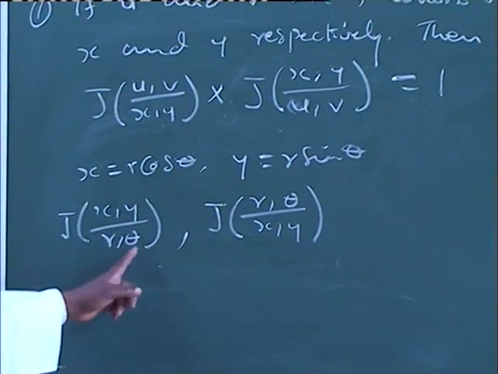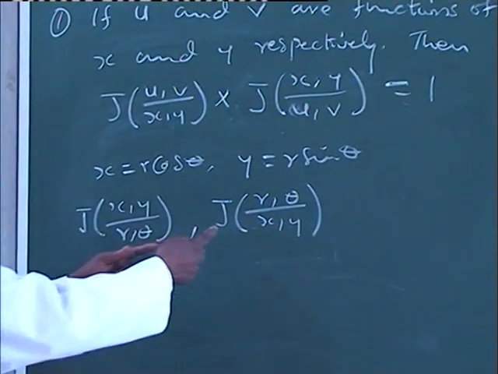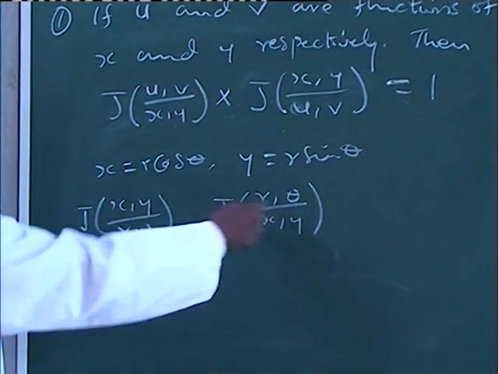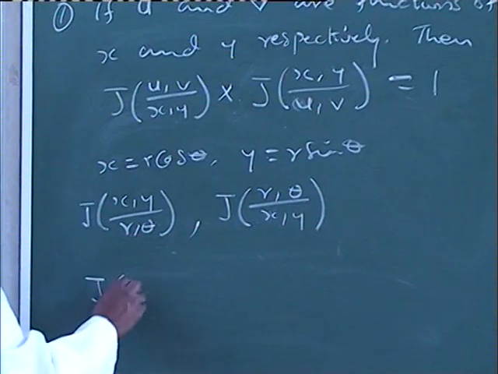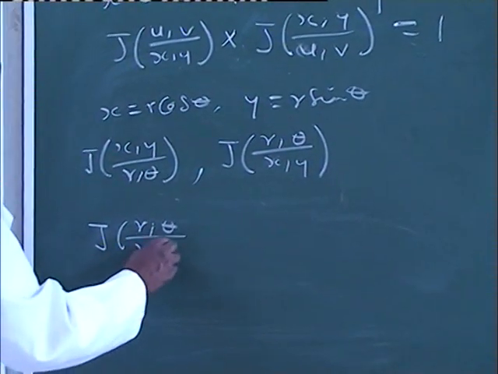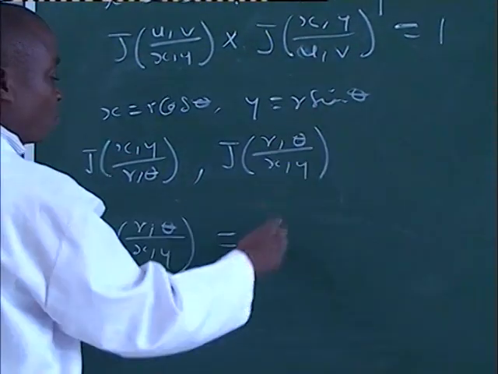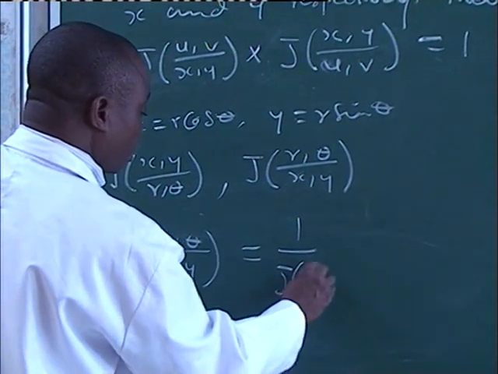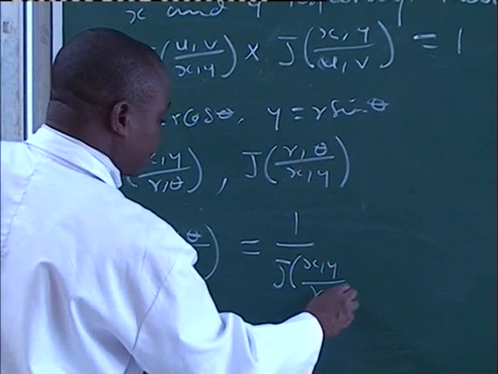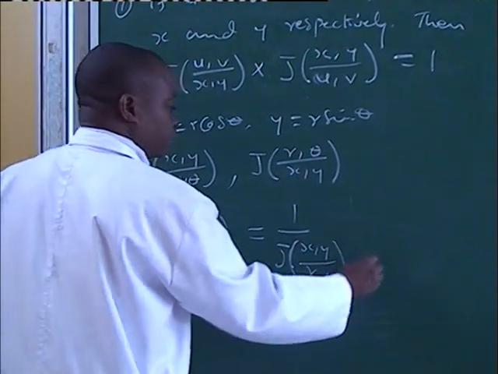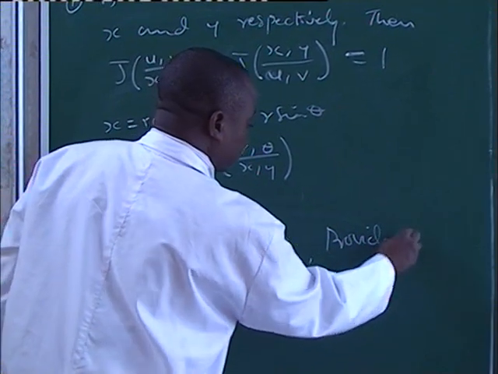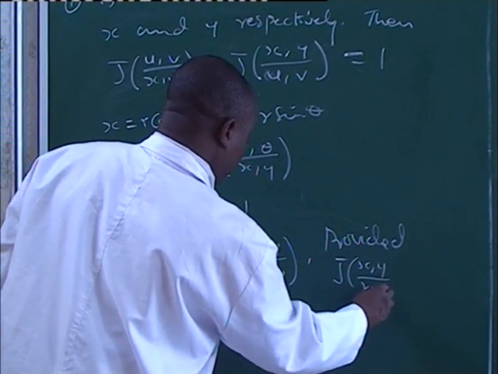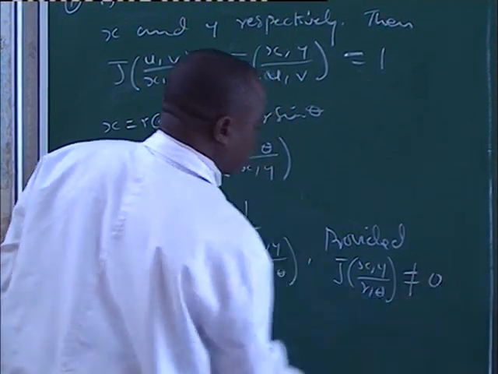That implies that, from here, look at what I was asked. This one and this one. It means that for me to get this one, I will say the Jacobian of r, theta with respect to x, y will be equal to 1 all over the Jacobian of x, y with respect to r, theta, provided the Jacobian of x, y with respect to r, theta is not equal to 0.